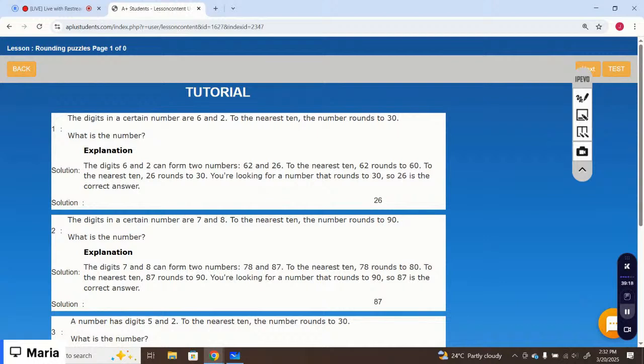What number is it? Let's just start with the test questions.